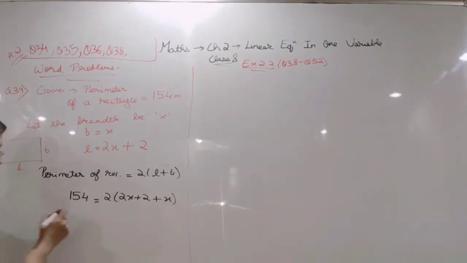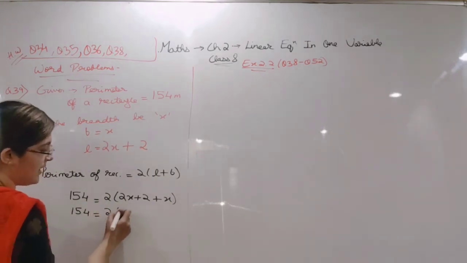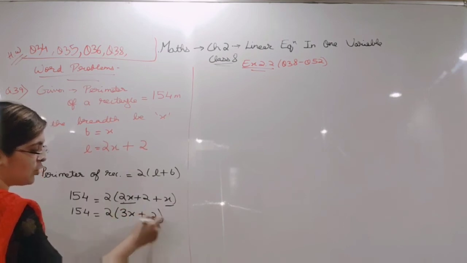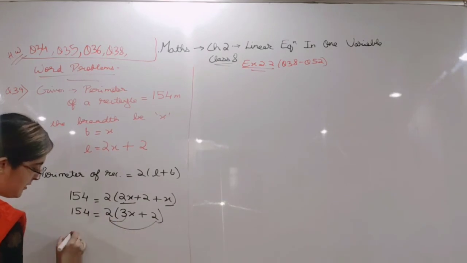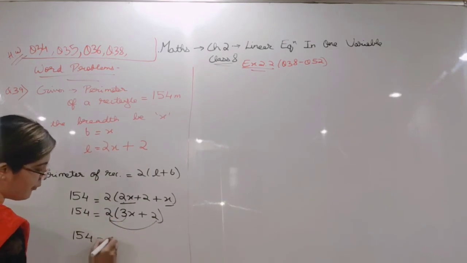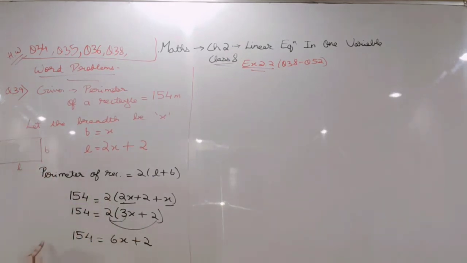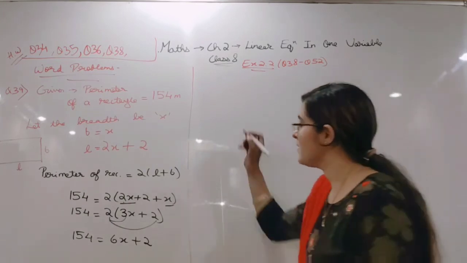Your breadth is x. Now what we will do, students? 154 is 2 into, here 2x plus x will be 3x plus 2. Now this 2 will be multiplied by both. We will get 154 is equal to 6x plus 2. What we have got? 154 is equal to 6x plus 2.